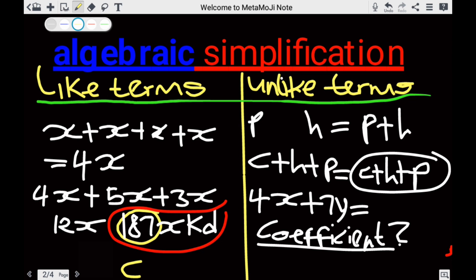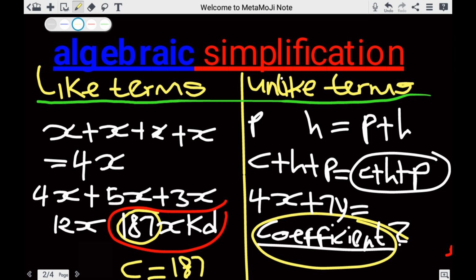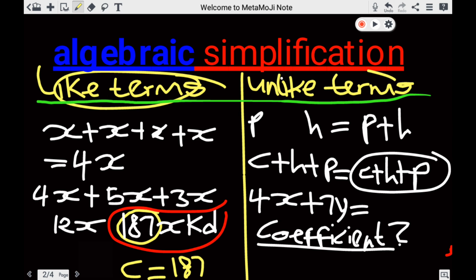So the coefficient in this situation is 187 if you are asked. So don't forget what this coefficient is when you see it. Now I hope that you have understood what coefficient is and what like terms and unlike terms are.